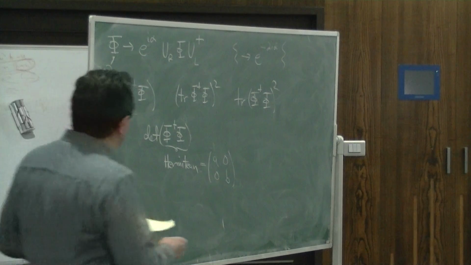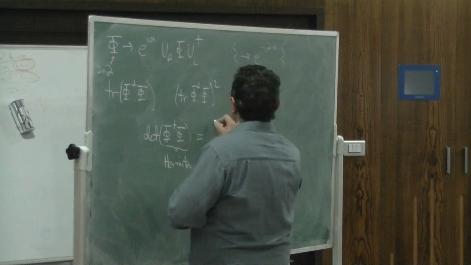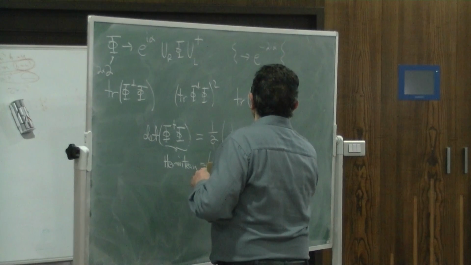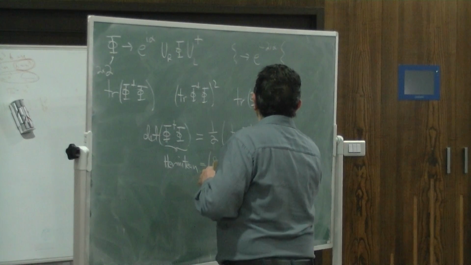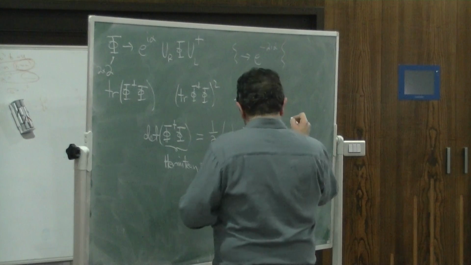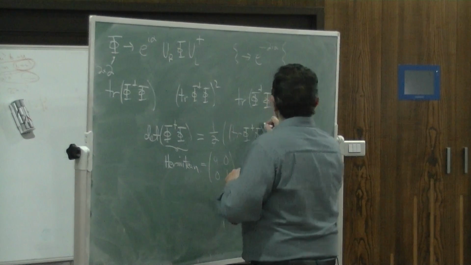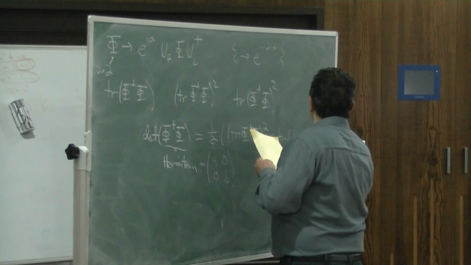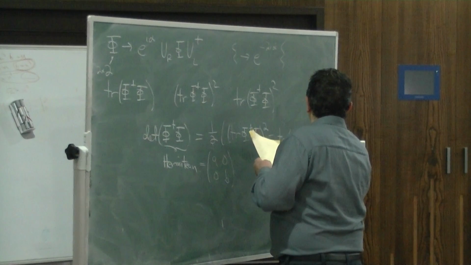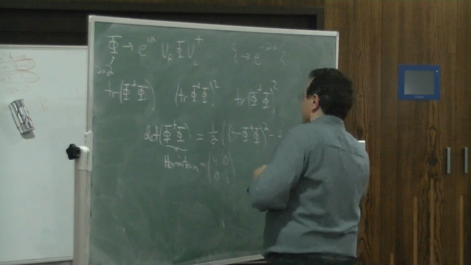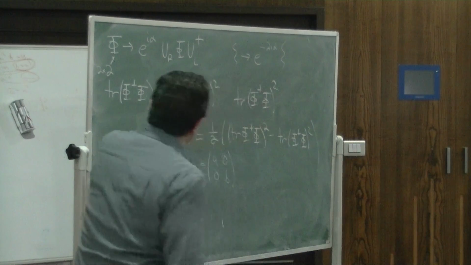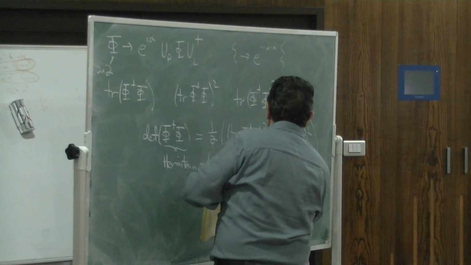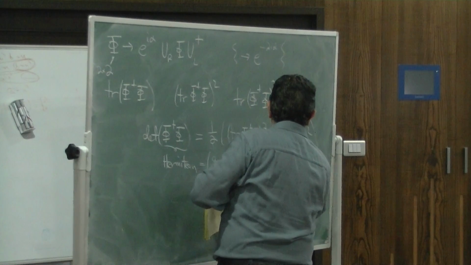And then if you do that, you can easily show that this is equal to 1/2 times trace of phi dagger phi squared minus trace of phi dagger phi squared. And this really is easy because if phi dagger phi is equal to AB, this thing is A plus B squared.